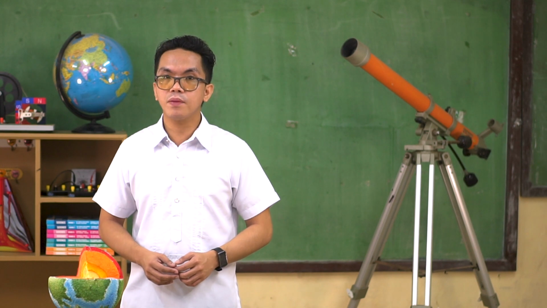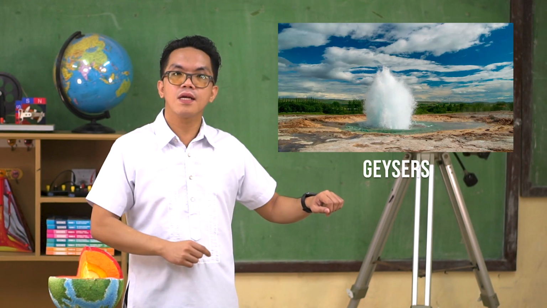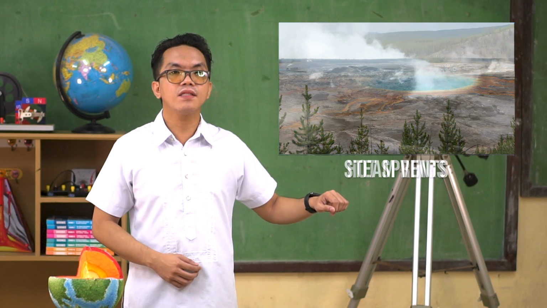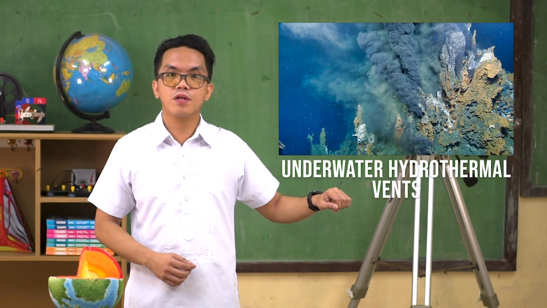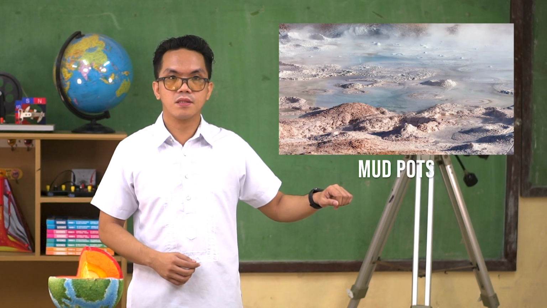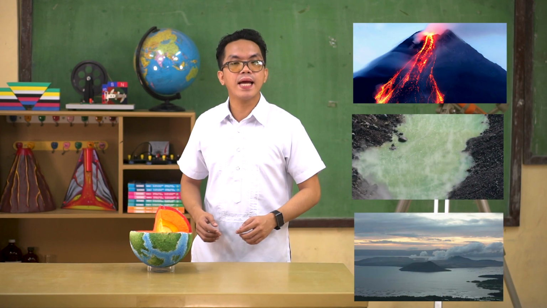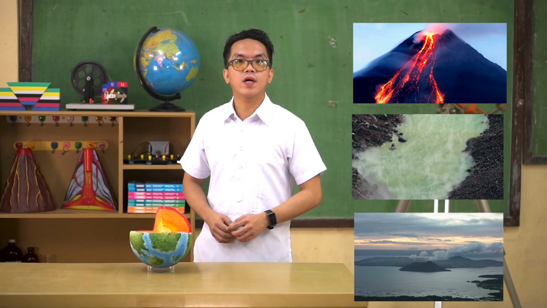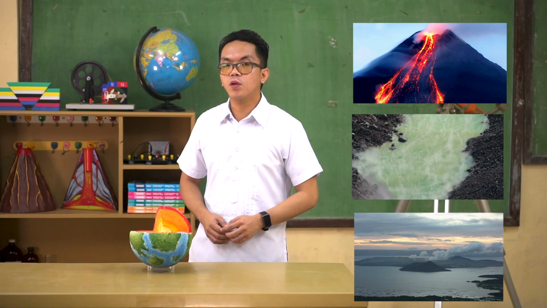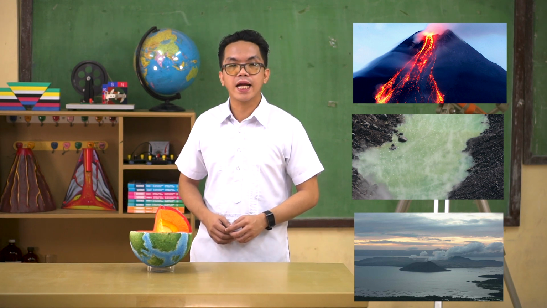Hot water can be released through geysers, hot springs, steam vents, underwater hydrothermal vents, and mud pots. Most of the Earth's geothermal energy does not bubble out as magma, water, or steam. It remains in the mantle, emanating outward at a slow pace and collecting as pockets of high heat.